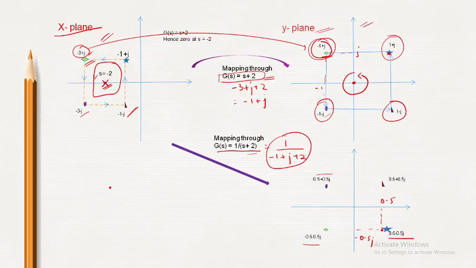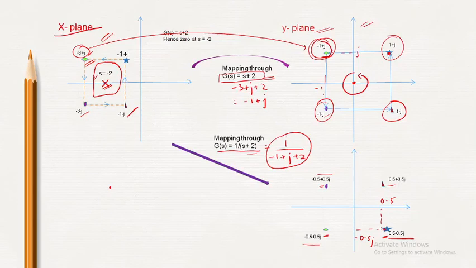Again, I want to emphasize that in the x plane, when we moved along the points, we took them in the anti-clockwise direction. Now just see here, the points that are being mapped: first the star was mapped, then this diamond, then this point, then this triangle, and if you see the direction, it is now traversing in a clockwise direction.